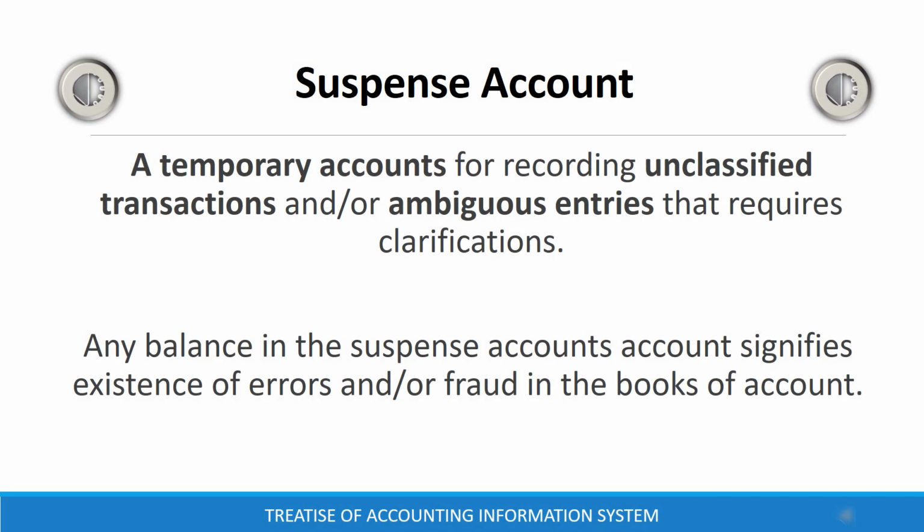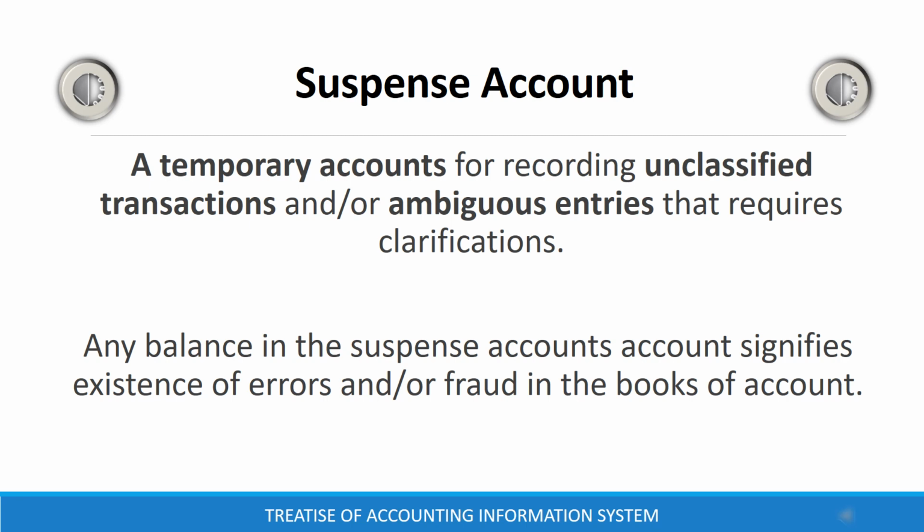A suspense account is a temporary account for recording unclassified transactions or ambiguous entries that require clarification. Any balance in the suspense account signifies existence of errors or fraud in the books of account. At the end of an accounting period, general ledger account balances are summarized in the form of a trial balance.